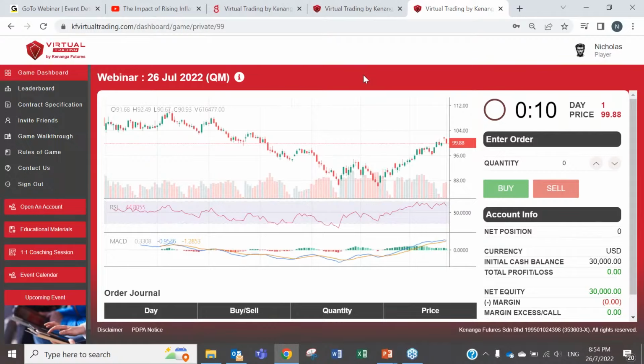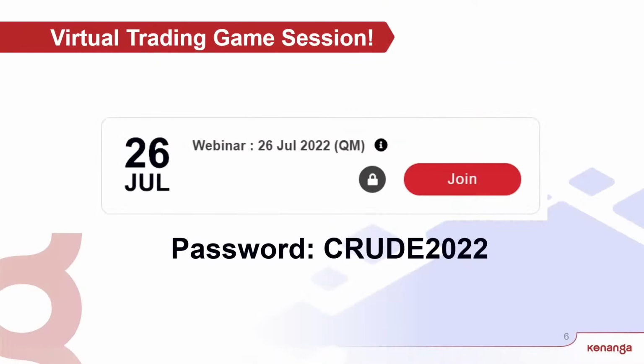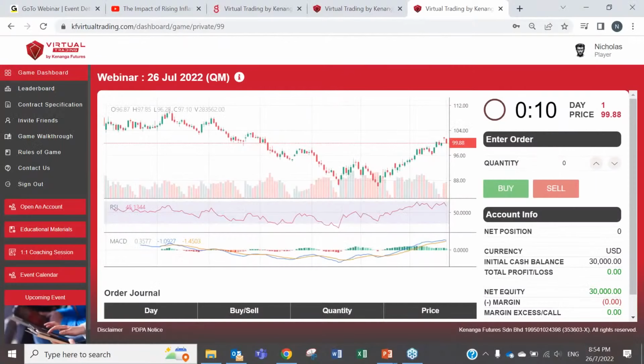Is everyone in? The password is Crude 2022. Let me show you again. Okay, I see people joining in. If you notice, the timer is not moving and the day is fixed over here because I have not started the game yet. So I'll wait for everyone to join the game, then I will start the game all at once.